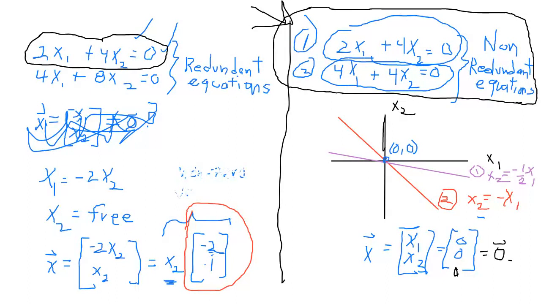And therefore, for the system of equations that yields the eigenspace, you can't have non-redundant equations. The equations have to be redundant so that you can get a solution where the basis vector is non-zero, and hence it's an eigenvector. Does that make sense?